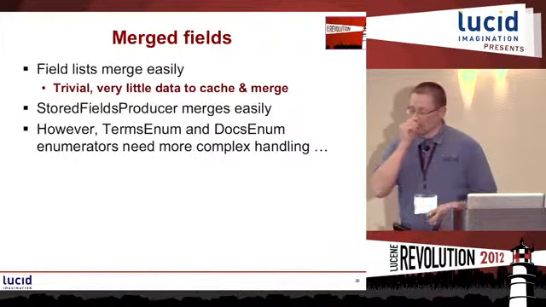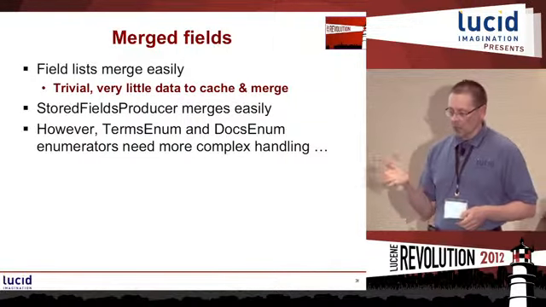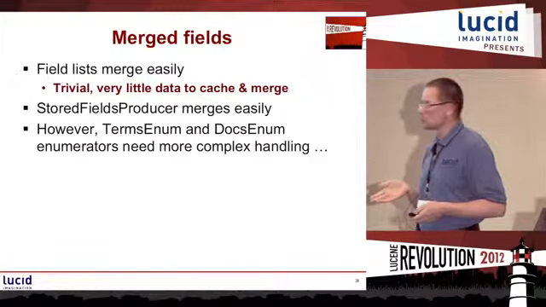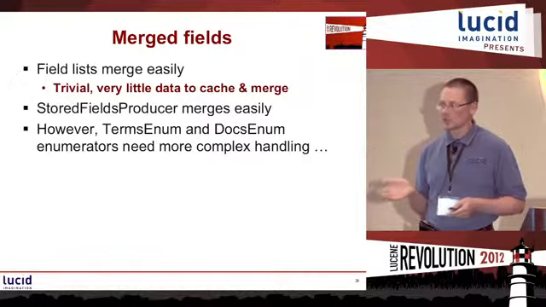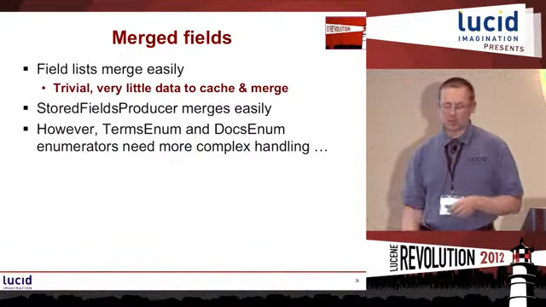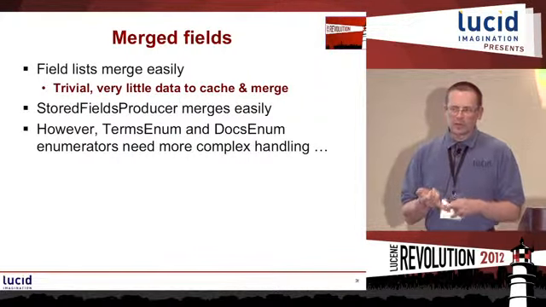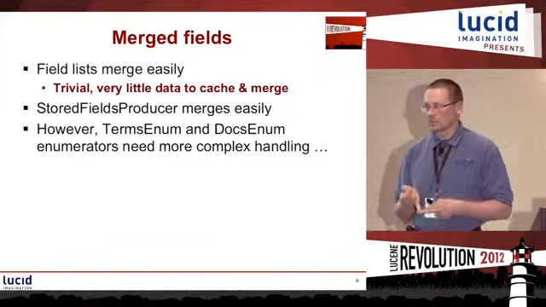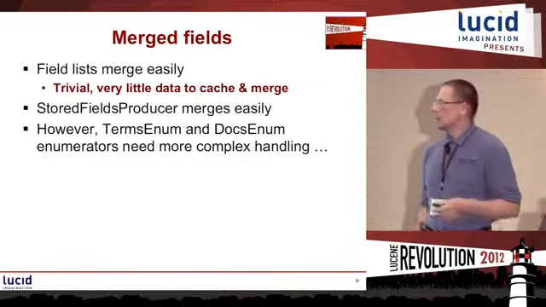So, how do we merge this using the Lucene APIs, which are not so nice to access? They don't provide so much random access as these table illustrations that I showed before. When it comes to the list of fields that are present in a segment, that's trivial, because that's very little information. You can merge it on the fly.